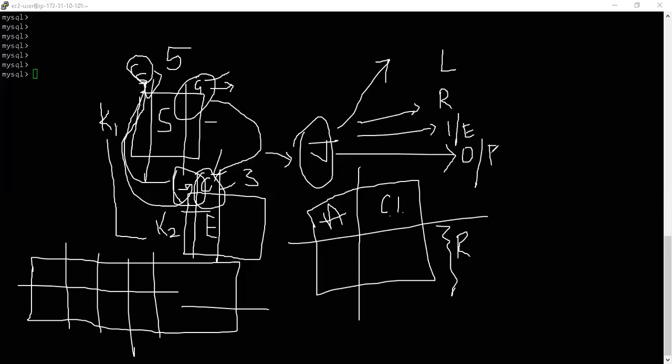Why? Because this left join is also known as the left outer join, and the right join is also known as the right outer join. Okay. So we will see why these are the names and in which cases we can really use this, right?